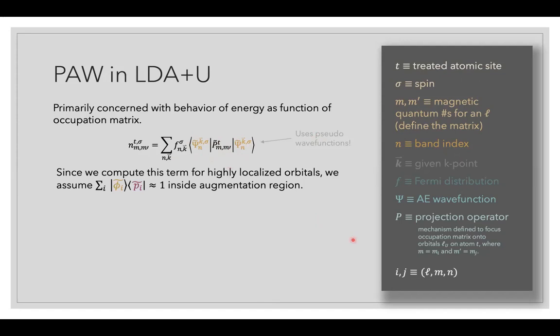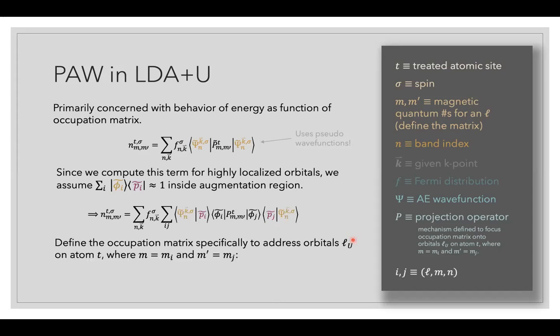This makes things easy for us since we're computing this term for highly localized orbitals. We can assume then that inside the augmentation region, the sum of the projection of those basis functions is essentially equal to 1. So we can use that to expand our occupation matrix as such.